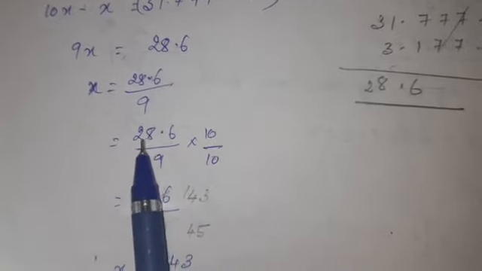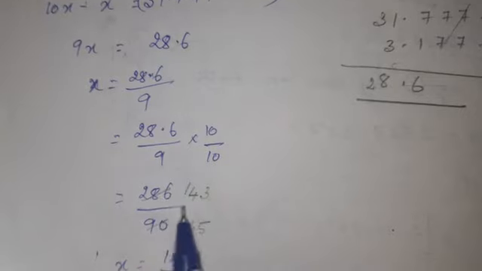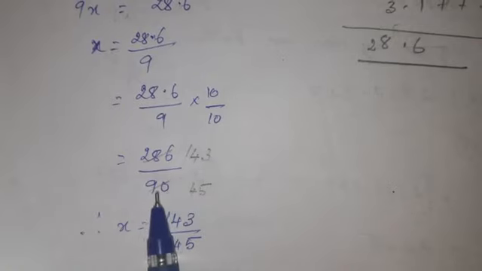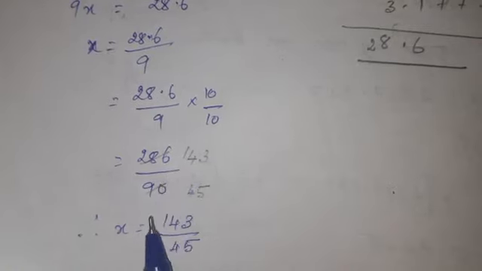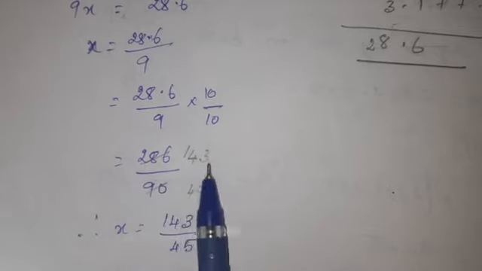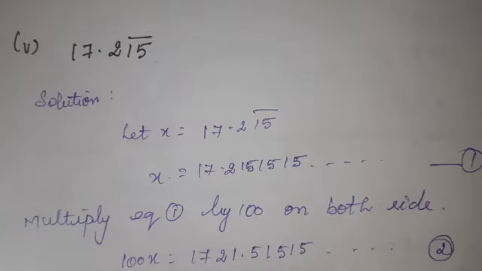If I multiply 28.6 into 10, you will get 286, divided by 9 into 10 is 90. You cancel this one. In the 2 table, you will get 143 divided by 45. It is a rational number format. Therefore, x is equal to 143 divided by 45.